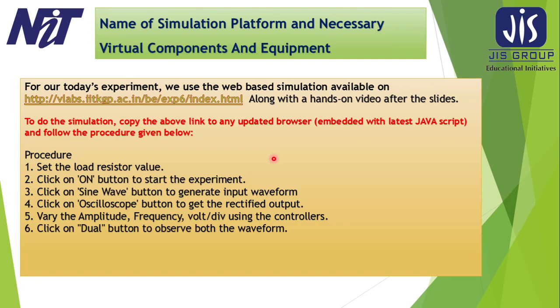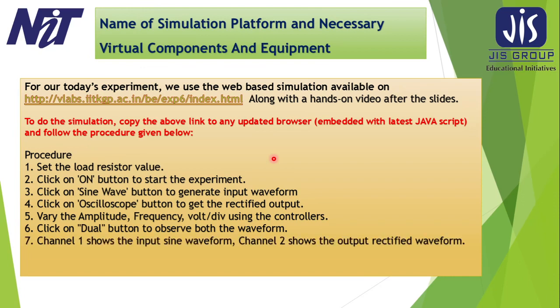And number 6, click on the dual button to observe both waveforms at a time. That means if you want to see input and output at a time on the oscilloscope screen, you will be able to see it. Number 7, channel 1 is already configured to the input waveform, and accordingly channel 2 shows the output rectified waveform.